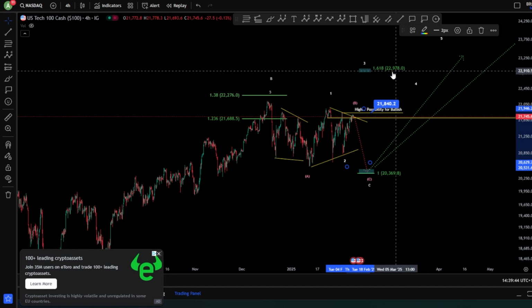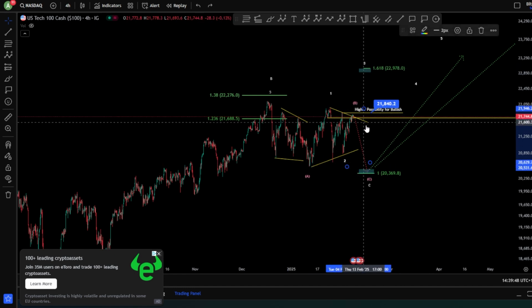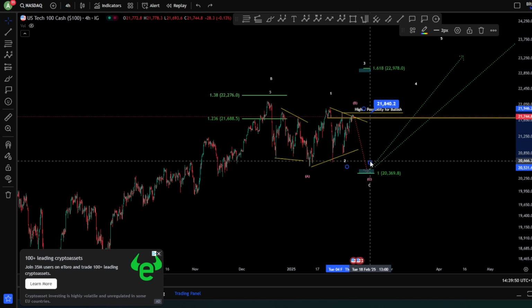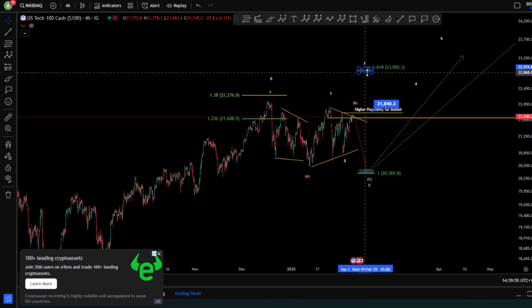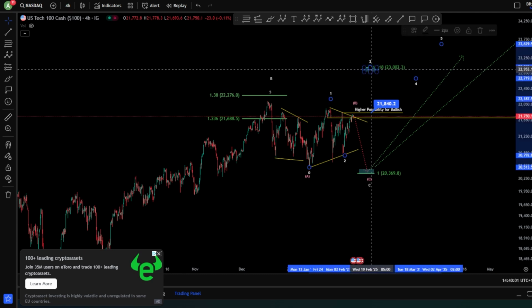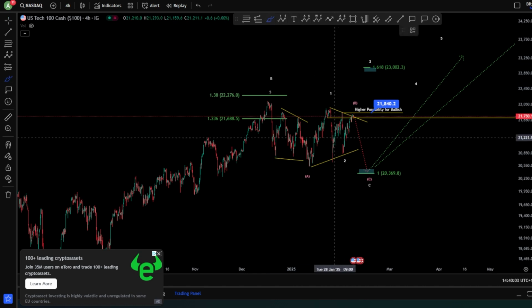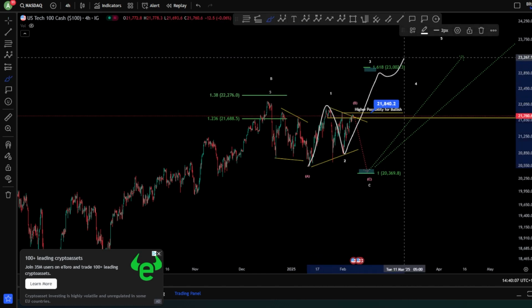We have some targets here in case we are in a 1, 2 as given before. Your wave 2 can vary, but it can be 23,000. That would be a perfect target for your wave 3 for your bullish scenario. So it might come as a 1, 2, or as a 1, 2 here, 3, 4, and a 5.